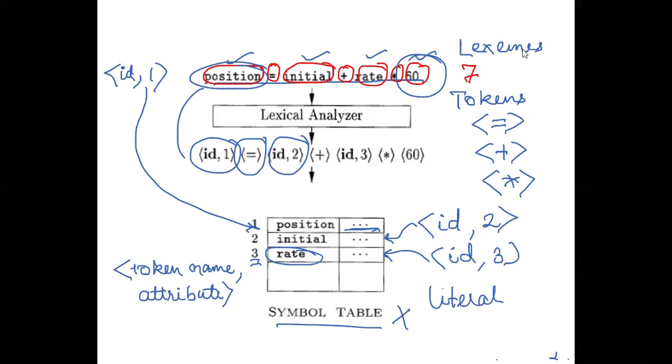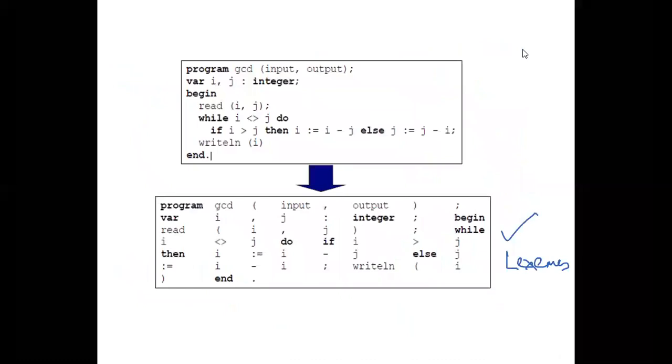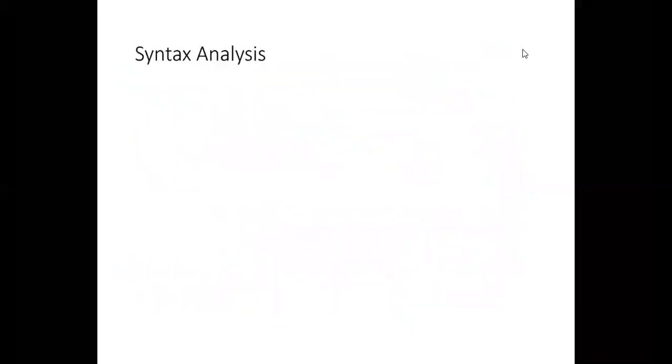You can have a token for 60 like this. Because 60 is a number, I can write it as number, which is the name of the token, and its attribute, the value, is 60. More about this in a later class. So this was your lexical analysis.